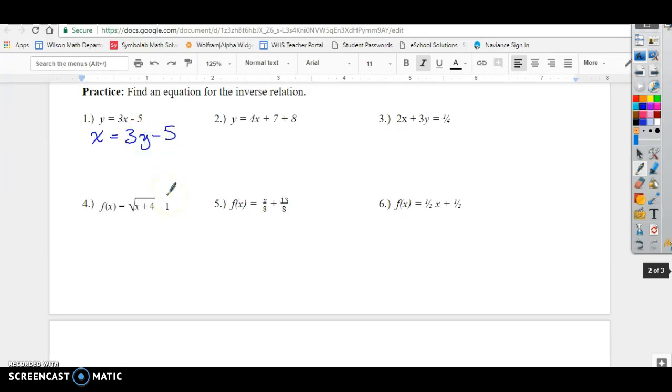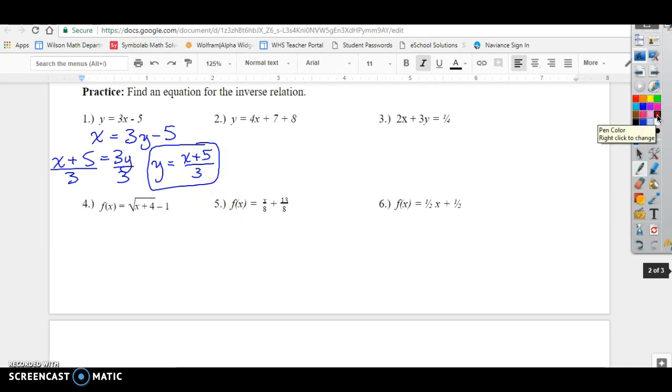And now we get y by itself. So that means I'm going to add the 5 over first. And then I will follow that up with dividing by 3. So your inverse for this one would be y equals x plus 5 over 3. This is our inverse for number 1.